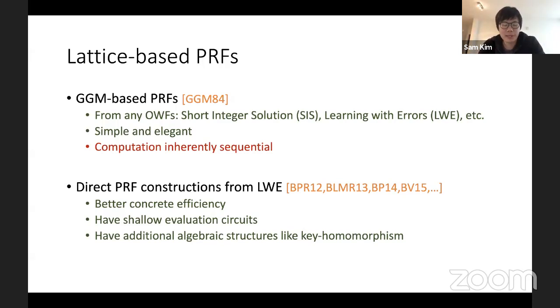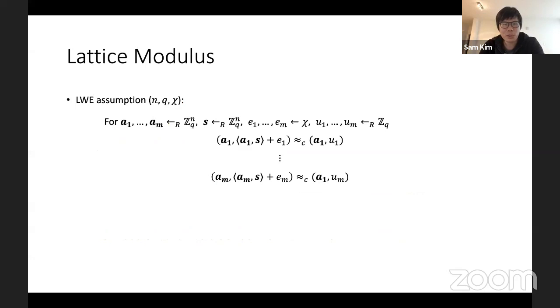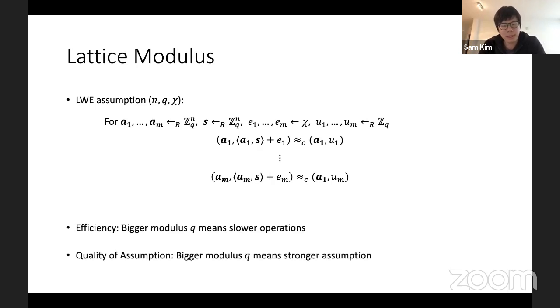But this second family of PRFs also has one downside, and this is the reliance on LWE with a superpolynomial modulus Q. I won't go into all the details in this talk, but basically the modulus Q that I'm referring to is the modulus associated with the traditional LWE problem.